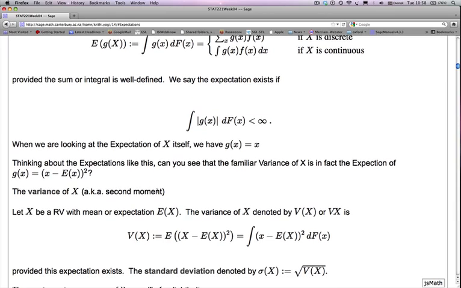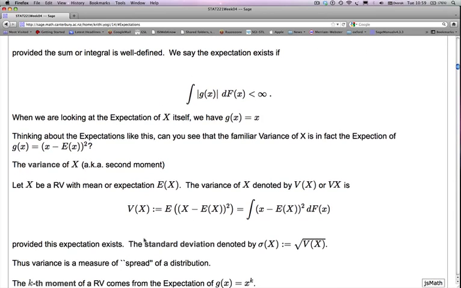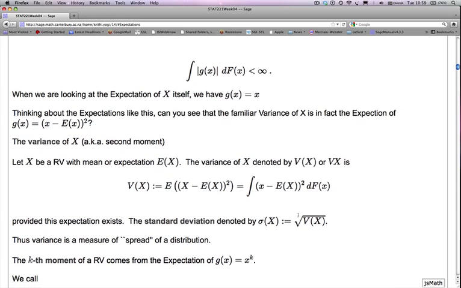You can now write the variance of x as the expectation of this g of x, and this is nothing but the integral of x minus expectation of x the whole squared with respect to the PDF f if the random variable x is continuous, and the probability mass function if it's discrete. Once again, variance of x, or in general any expectation, is only defined or said to exist if the integral of its absolute value is finite.